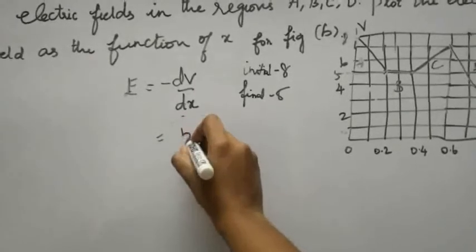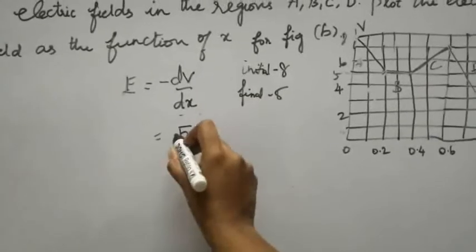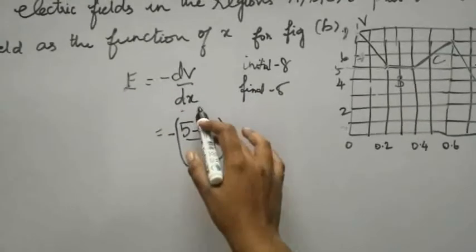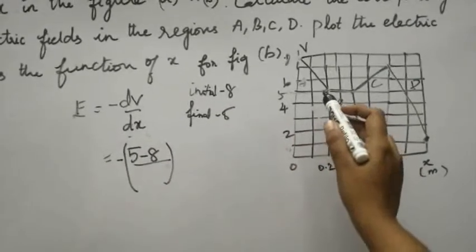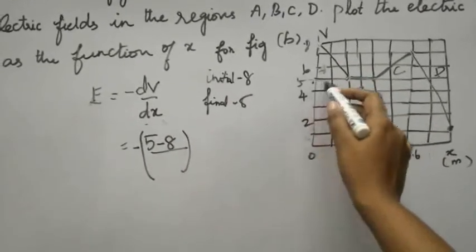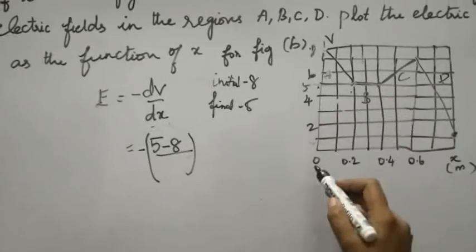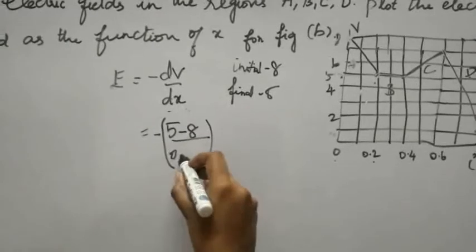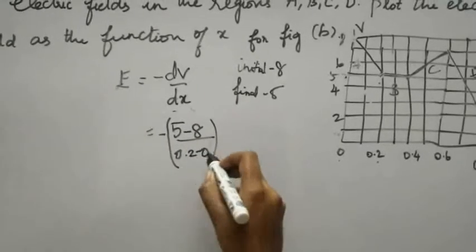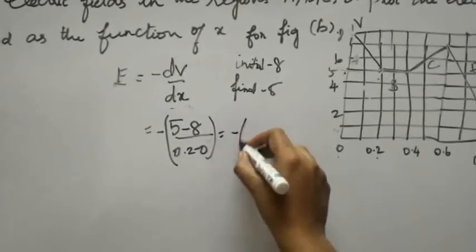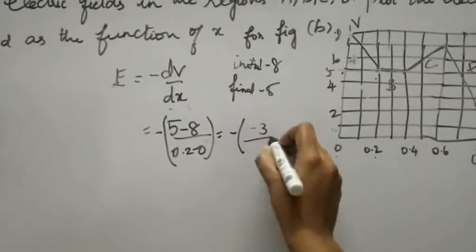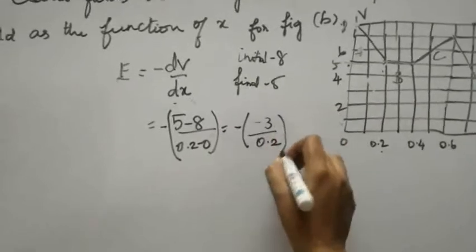So it is minus of 5 minus 8, divided by the change in the x value, which is from this point to this point. So it is 0 to 0.2, again final value minus initial value. So it is minus of 5 minus 8, which is minus 3, divided by 0.2.